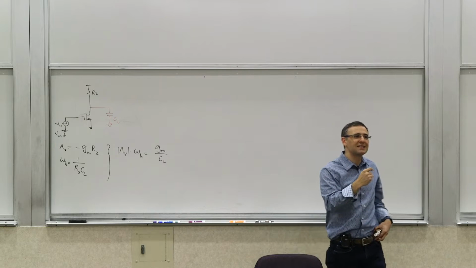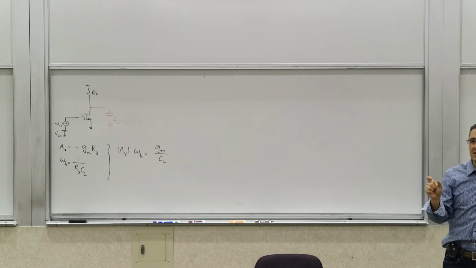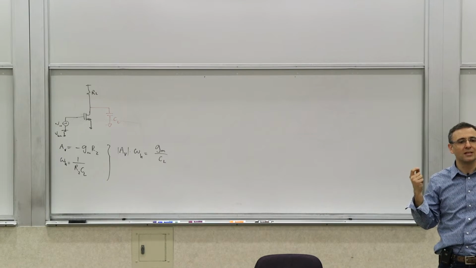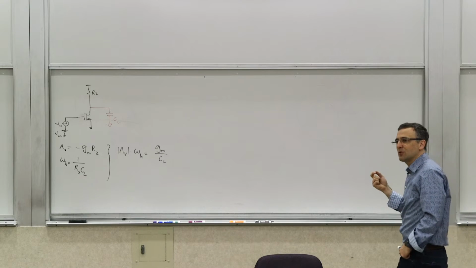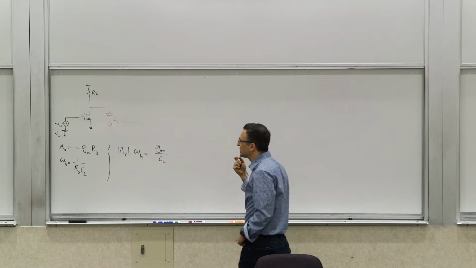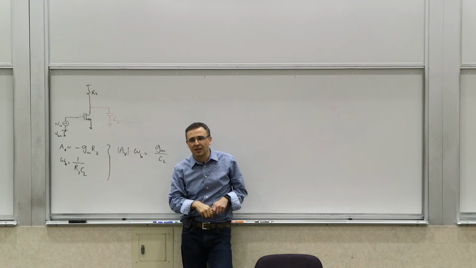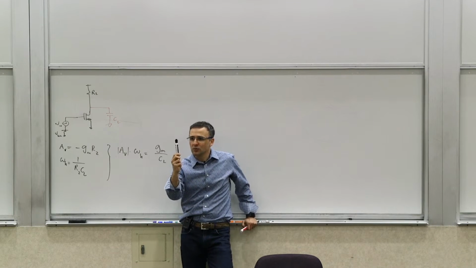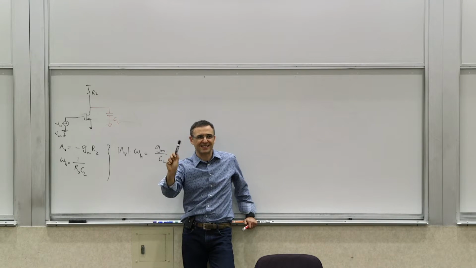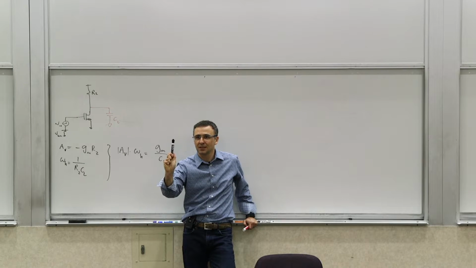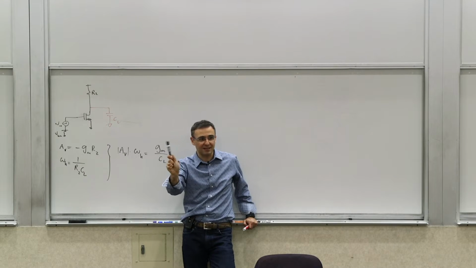So you see a lot of these performance limits of this nature a lot of times boil down to some sort of a gm over some capacitor, which makes sense from a physical intuition, right? What determines the speed of something? The drive power. Let's say I want to move this thing. If I want to move it fast, what are the two things that matter? How much force I apply. If I can apply a lot more force, I can move it faster.